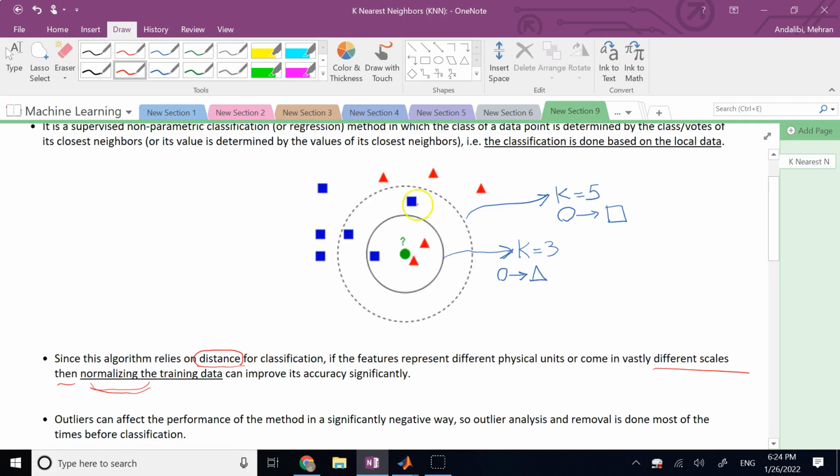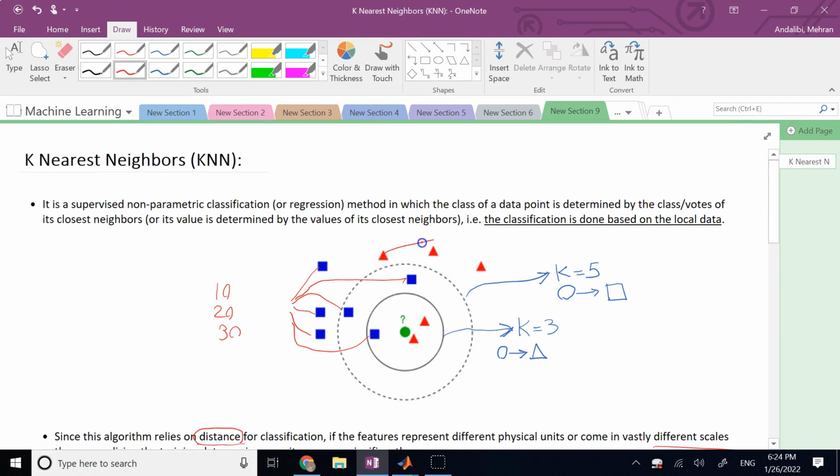Just for the moment, assume that all of these squares are in tens, so they are like 10s, 20s, 30s, 40s, while all of these triangles are in ones, so they are one order of magnitude smaller, like 1, 2, 4, 6.